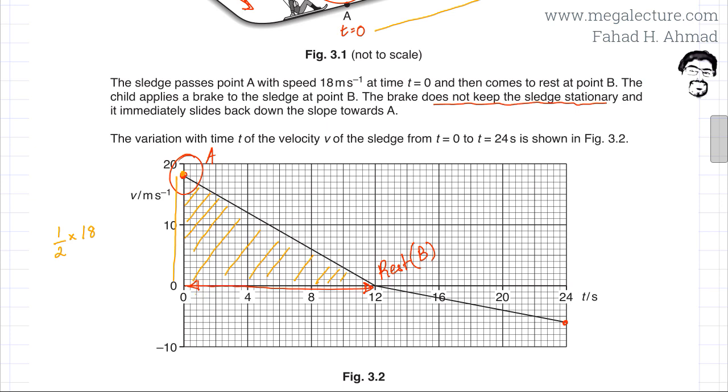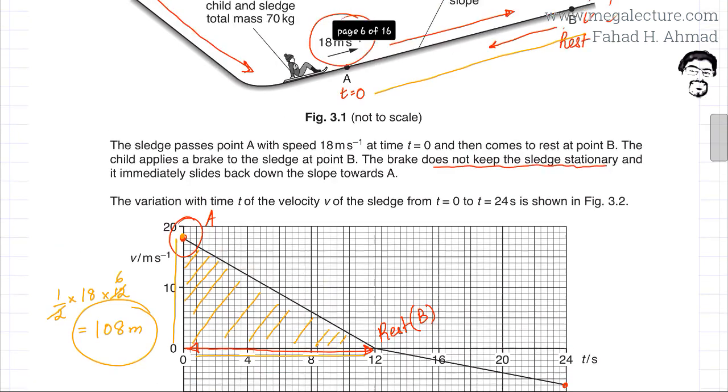The time that is taken is 12 seconds. So it's 12, and we can simplify this. The 2 would become 6, so it's 18 into 6, and this comes out to be equal to 108 meters.